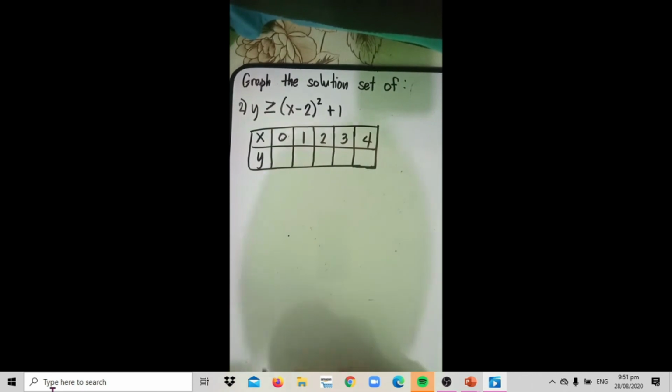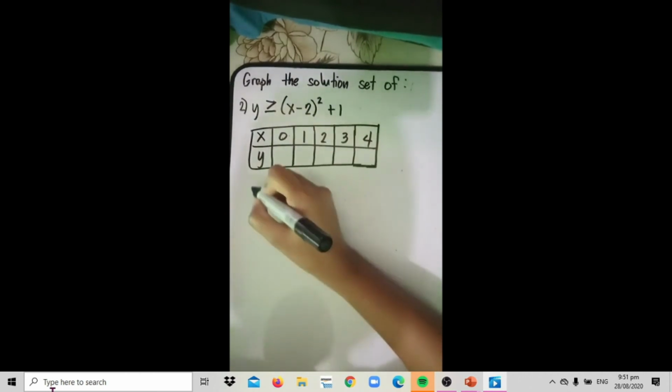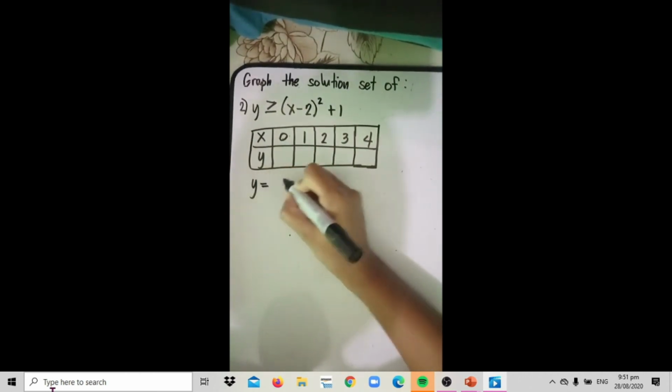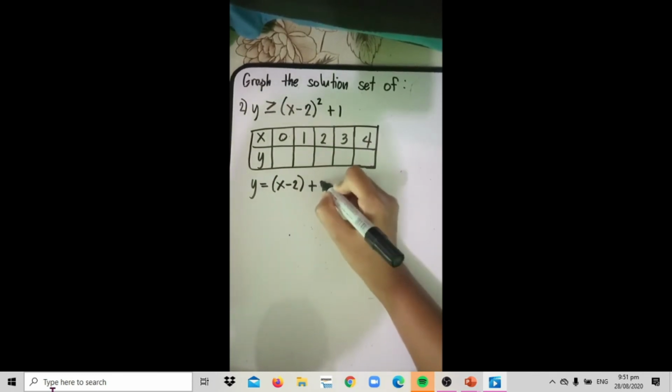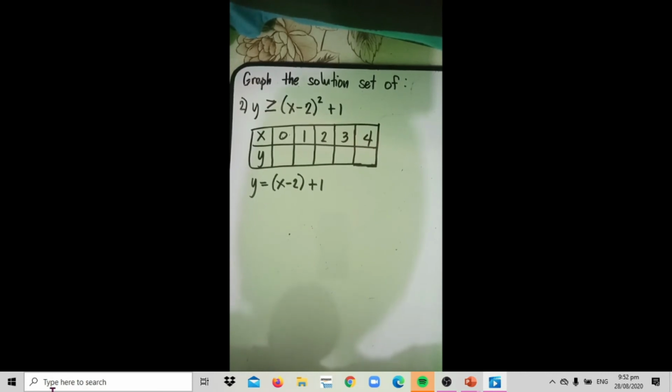So we are going to change y is greater than or equal to the square of x minus 2 plus 1 into, what will be our equation? It would be, yes, y is equal to the square of x minus 2 plus 1. What is our second step? Yes, we are going to complete the given table of values.